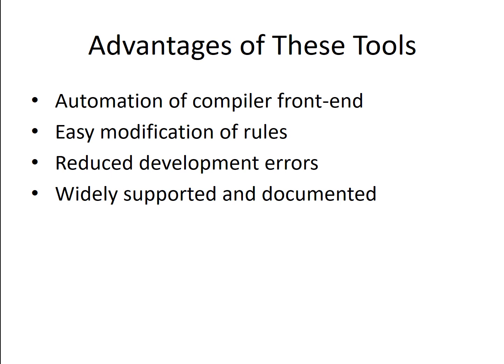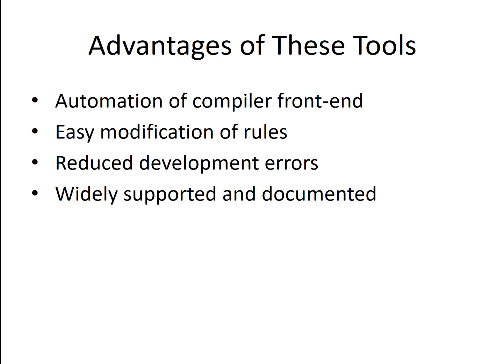Now what is the advantage of having all these tools? First of all, as I said earlier, automation of the compiler front end. Everything is automated. The lexical and syntax analysis both are automated. Easy modification of rules: when some rules need to be changed, I can go to the grammar or the regular expression, which can be easily modified.